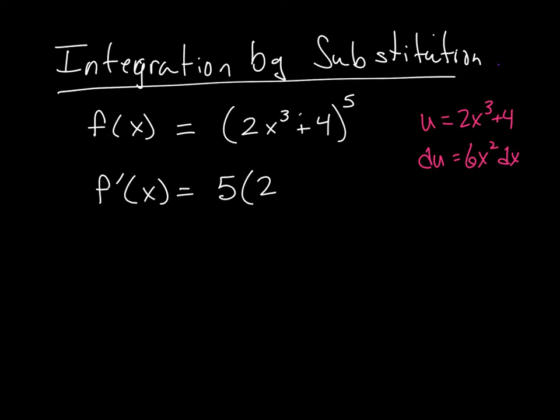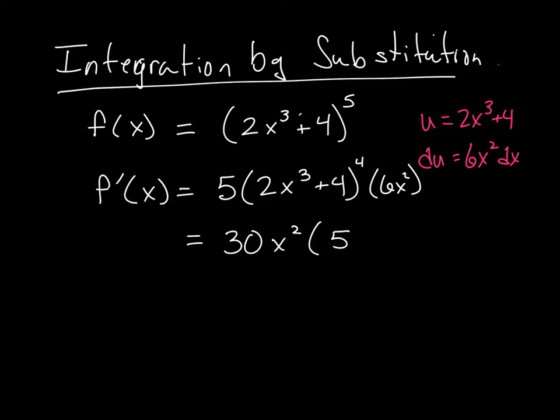This stays the same, 2x to the third plus 4. I subtract 1, so that becomes 4, times the derivative of what was inside, which was 6x squared. Multiply those two together, and I get 30x squared times 2x to the third plus 4 to the fourth power, right?